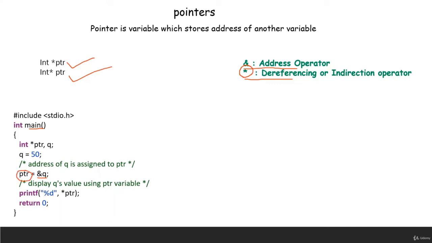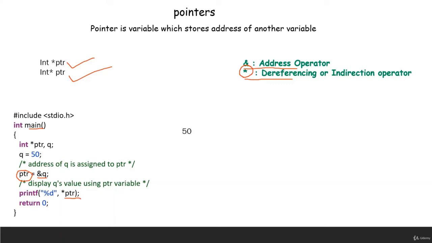Now, I am telling printf to print asterisk pointer. What will it print? It will print 50. Why? Because asterisk means dereferencing or indirection operator. It gives the value stored at the specific address which you have assigned to the pointer before. That's why it is printing 50.